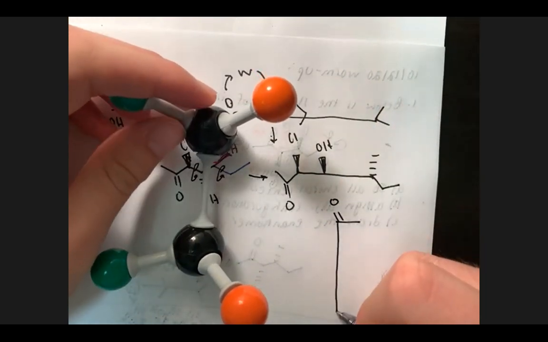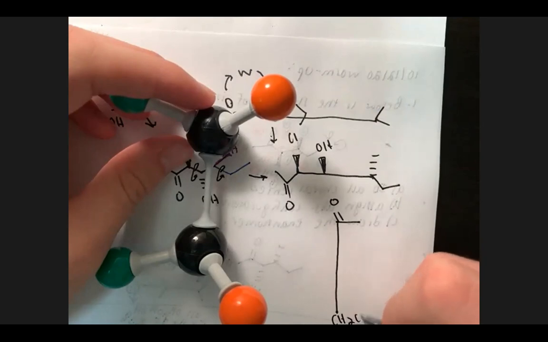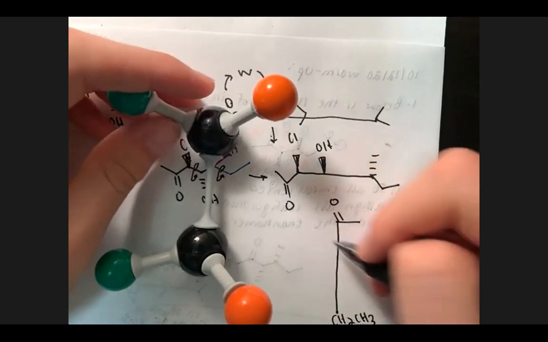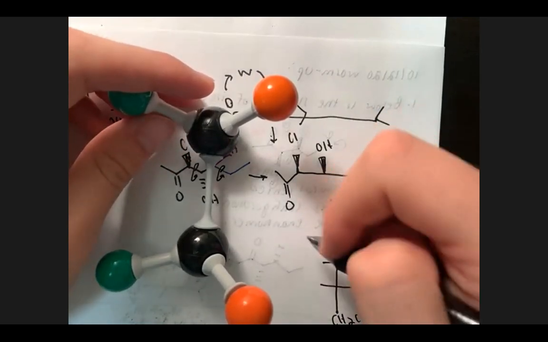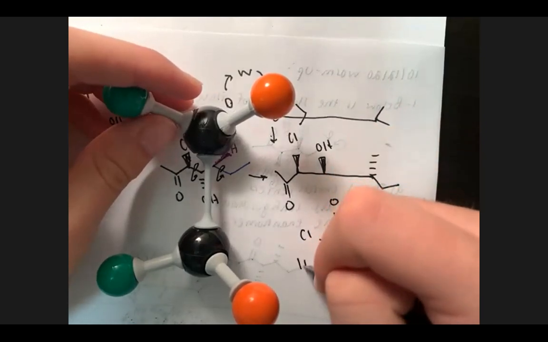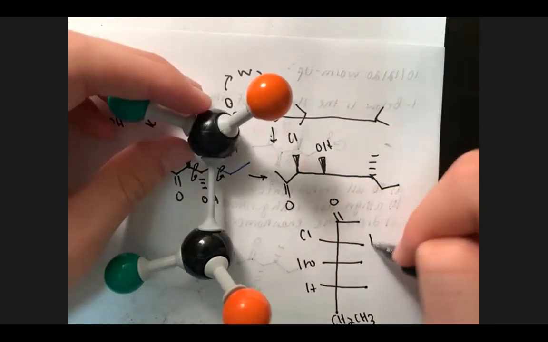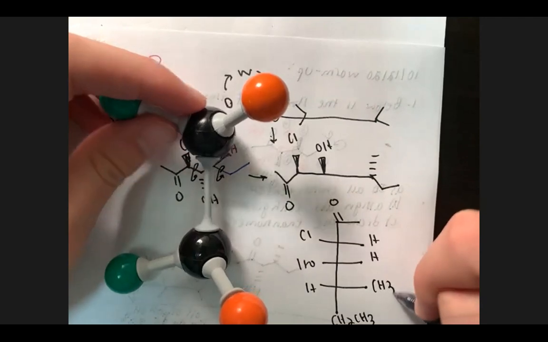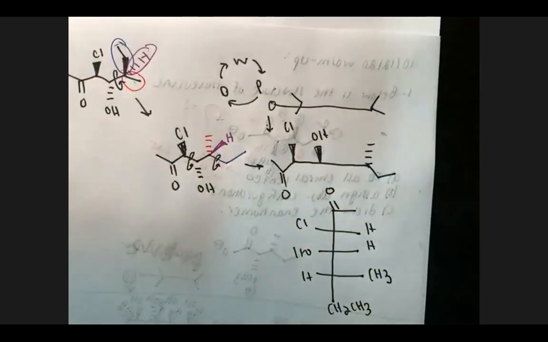This is going to be my CH2, I'll just draw it out, CH3. I have 3 chiral centers. There's a chlorine, hydroxyl, hydrogen, hydrogen, hydrogen, CH3. Kelsey, if it became a dash, I think the methyl would become a wedge.